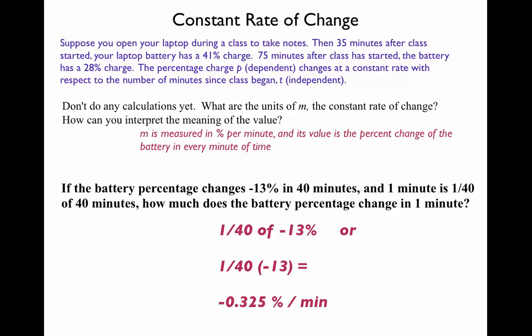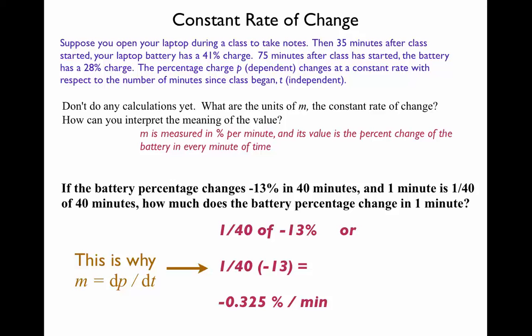So this may have felt a little weird to you, but what I just did was show you why that constant rate of change is dp divided by dt. Okay? Because we're saying what fraction of 40 is 1 minute. We're going to take that same fraction of negative 13% to get how much the percent changes in 1 minute.